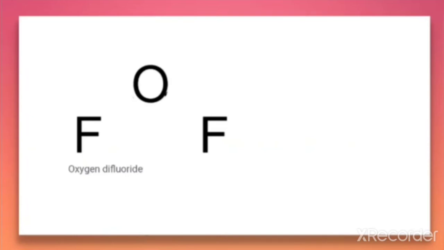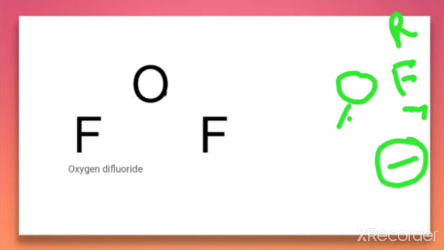For this you need to compare the electronegativity. We know that fluorine comes on the extreme right side when you compare with the oxygen, because after oxygen only fluorine comes in the periodic table. I told you fluorine is the most electronegative element. So definitely the fluorine will develop negative charge, and in comparison with fluorine, the oxygen will develop positive charge.